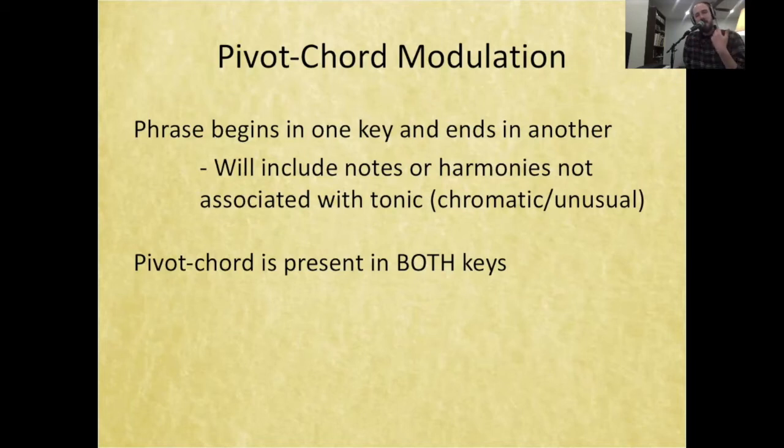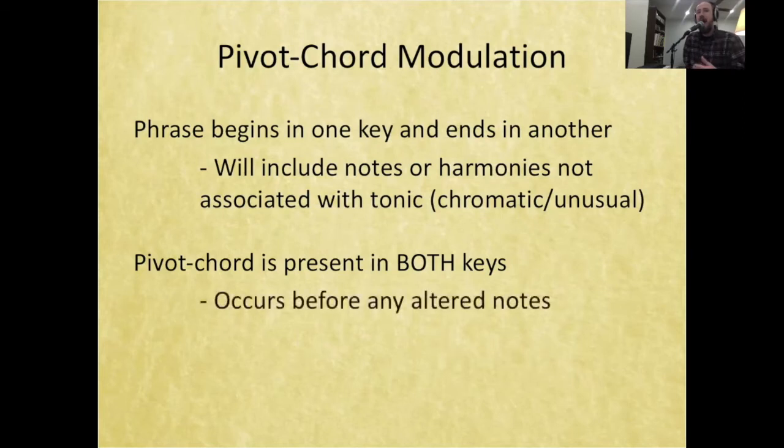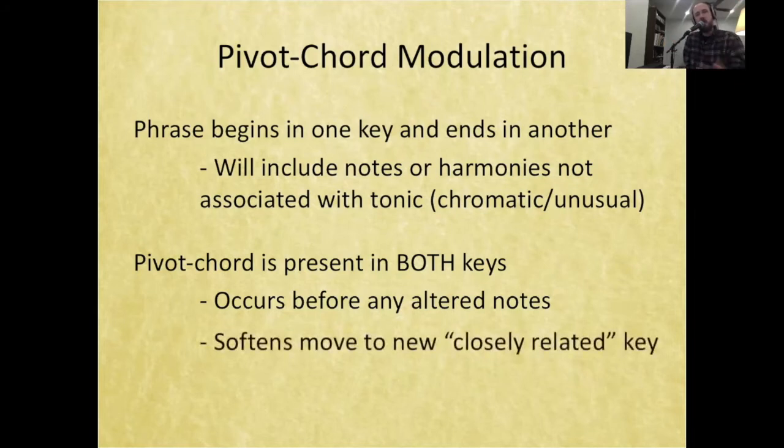Because we're always trying to think of this as a way to do this smoothly, we want to make sure that the most smooth way to do this is to have a chord that's actually present in both keys. And so what we're going to find is if you look at a phrase, if you know what key you start in, by the time you start to see notes that don't really fit with that, and it seems like consistently we're in a different key, we've already gone through the pivot chord. We've already pivoted into the new key, and it helps us by softening that motion, making it less dramatic.